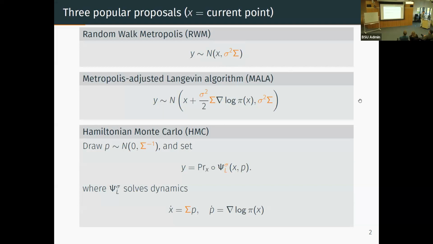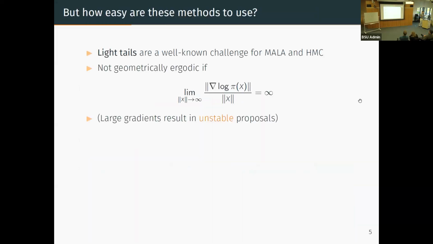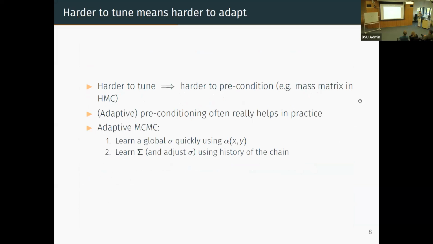You don't need to set it up like this, but I think it helps when you're thinking about adaptive MCMC, because you can think of sigma as this global scale: how big do I want the overall jump to be? And then capital Sigma decides on the shape of the jump, right? Typically capital Sigma is chosen to be something like the covariance matrix of pi, which is something you'll try to learn from your samples. And then sigma is chosen based on something that will achieve a desired acceptance rate. That's the idea.